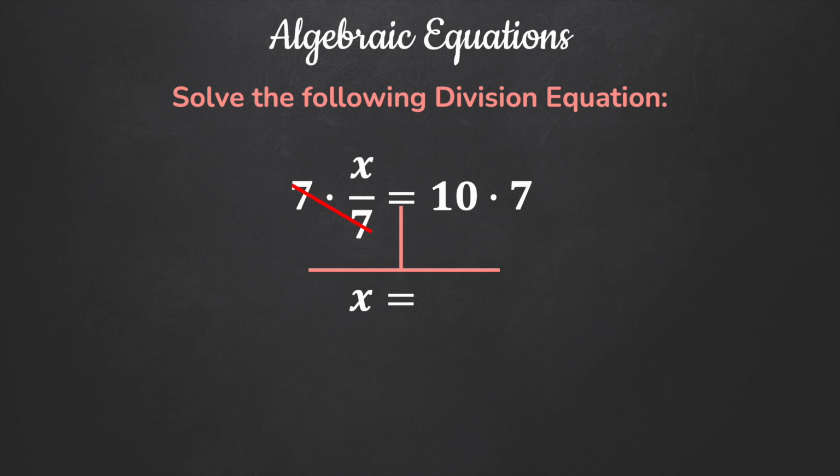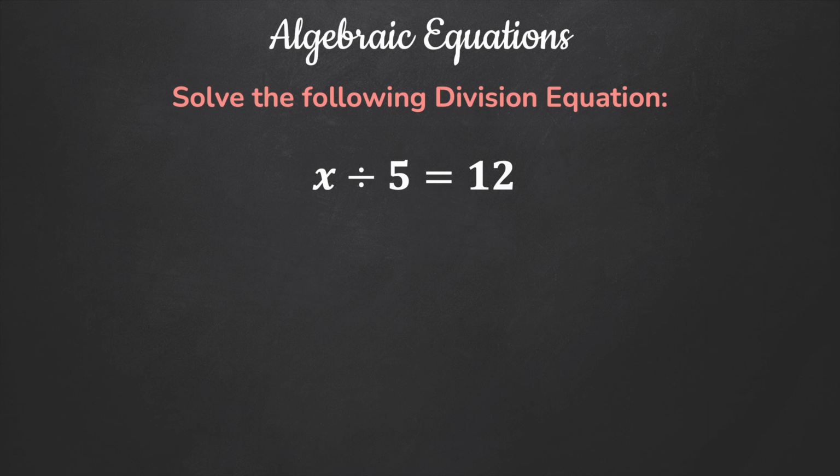And then 10 times 7 is equal to 70. So x is equal to 70. If I went back and substituted 70 in our original equation, we would have 70 divided by 7 is equal to 10. And because that's true, we know we got the right answer, that x is equal to 70.